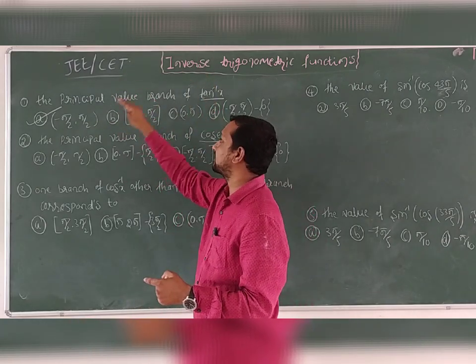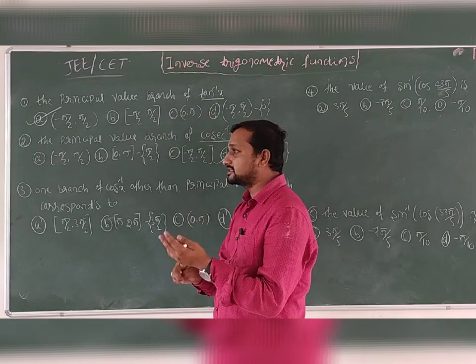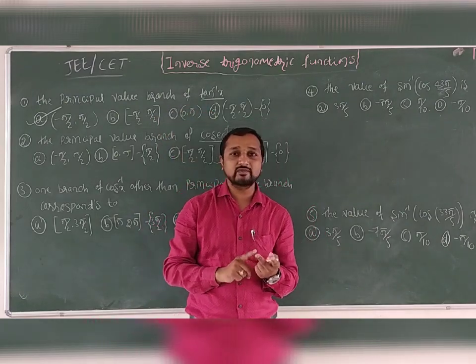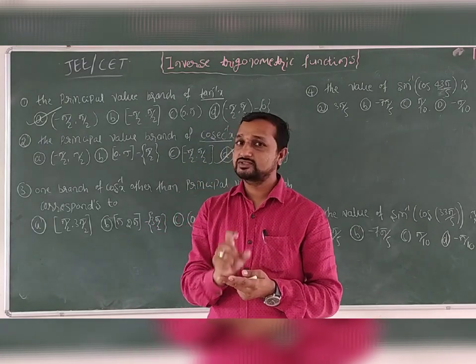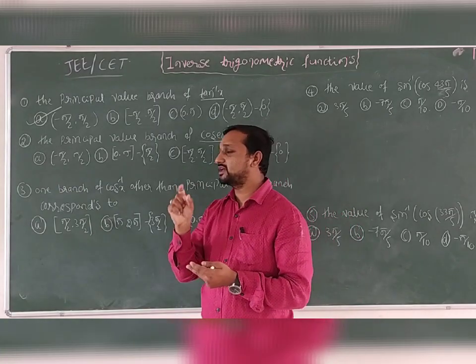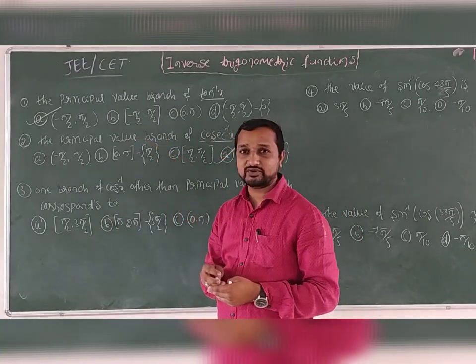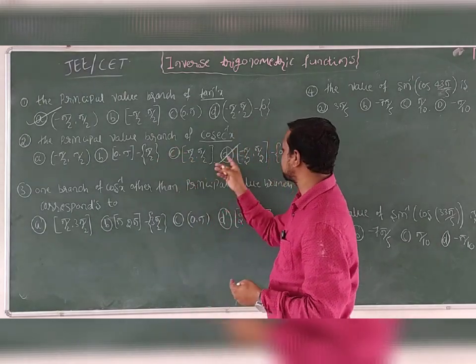The option could be R minus something like that. So the range and domain of inverse trigonometric functions are very important. So remember that the range and domain of the inverse trigonometric functions. The first question is a direct question and the second question is also a direct question.